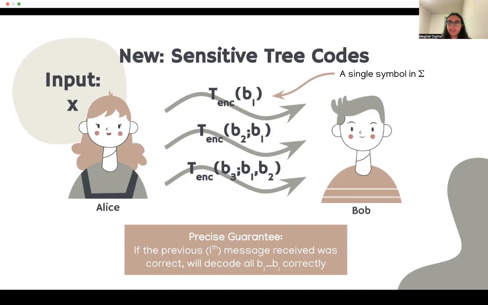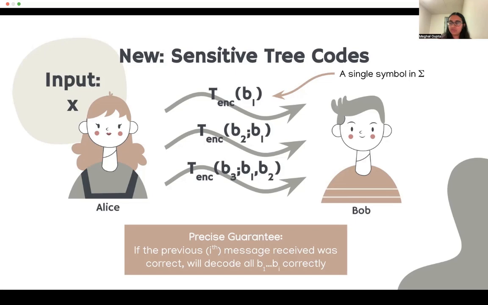So if at any step Bob receives T of BI semicolon B1 through BI minus 1 correctly, then no matter how much corruption he's seen in the previous steps, even if everything else was corrupted, he's going to be able to decode all of B1 through BI correctly, even though T of BI is only a single symbol in sigma and not a really long code.